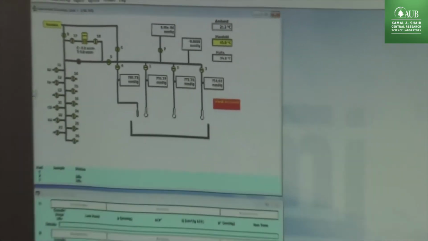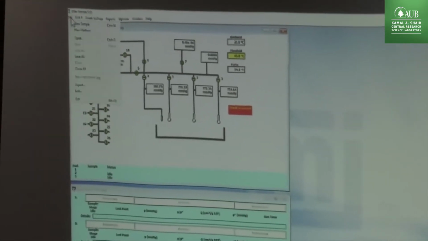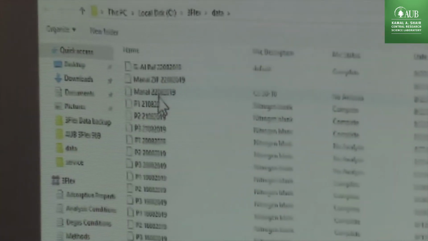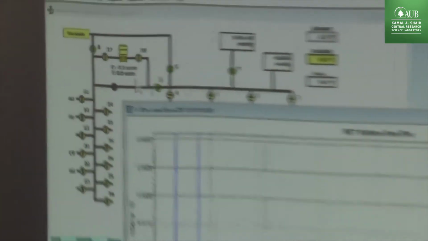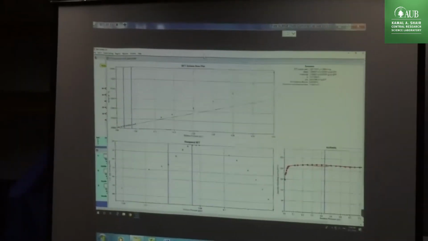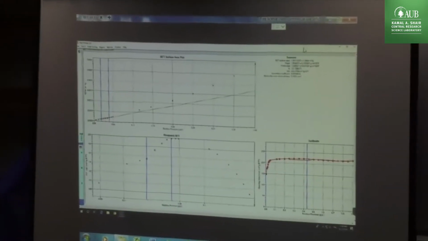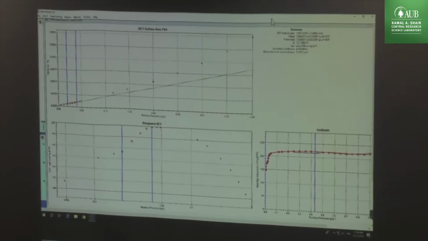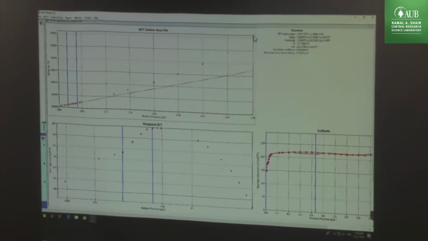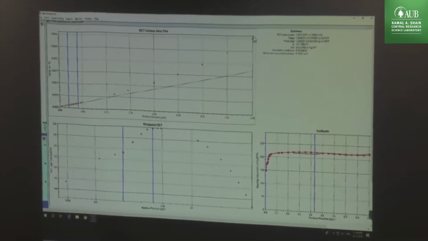Let's go to the zeolite. It's called the Manal zeolite. It's the second one on that. This is the highest. I cannot get better than this.